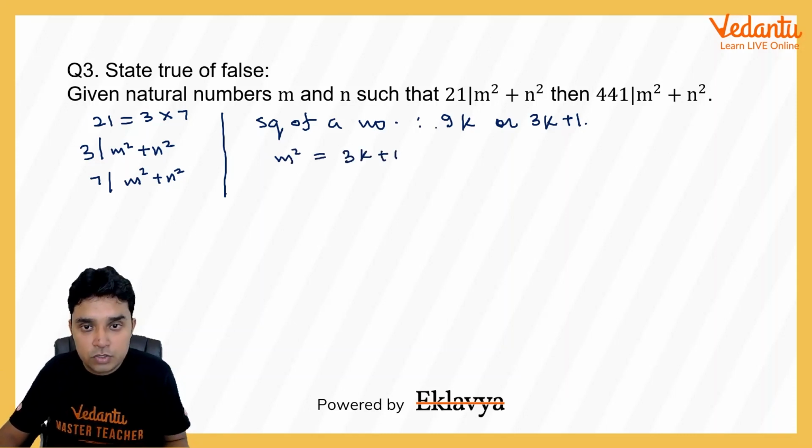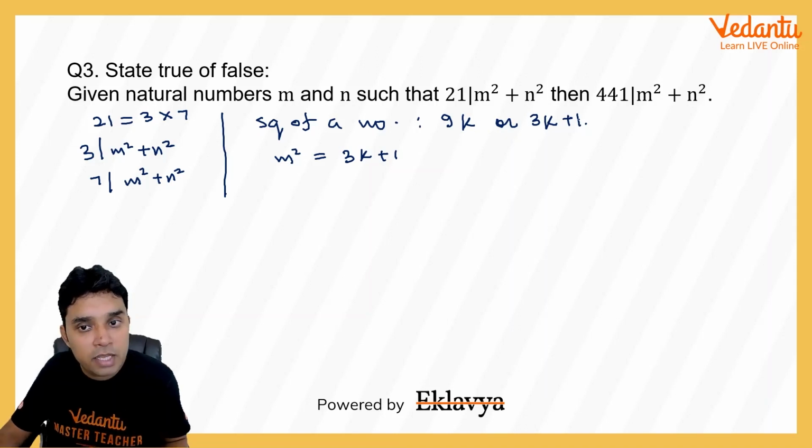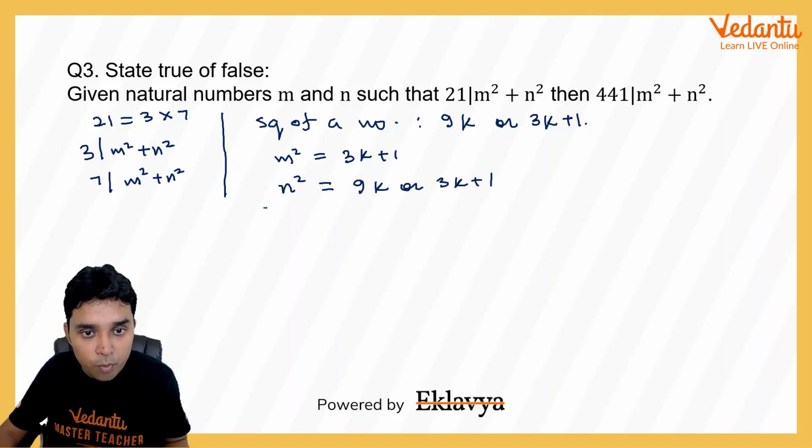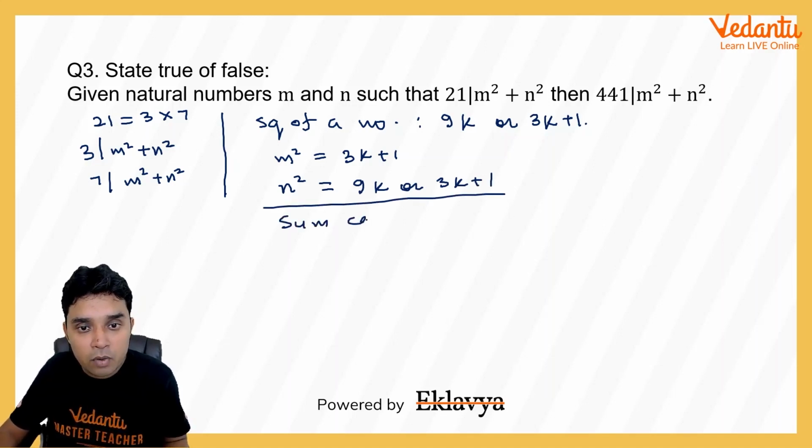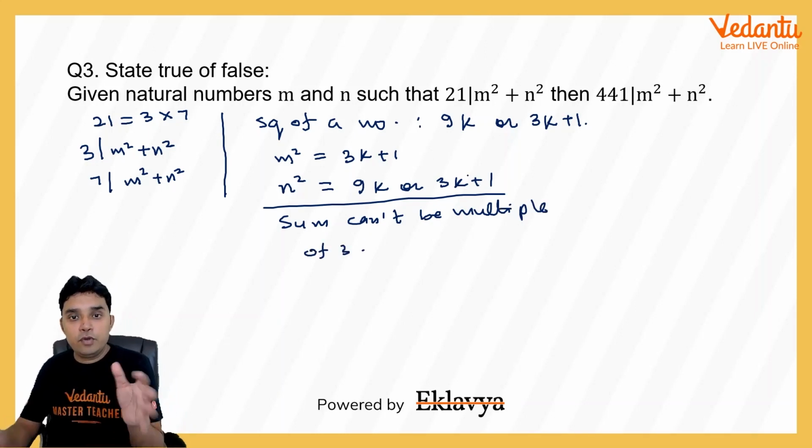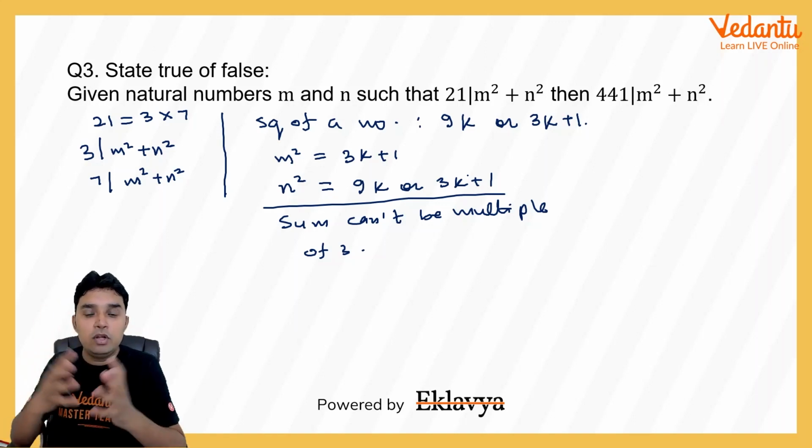Then n square will be either 9k or 3k plus 1. In both cases, your sum cannot be a multiple of 3. 3k plus 1 and 3k plus 1, if you add, you will get remainder 2 when divided by 3.